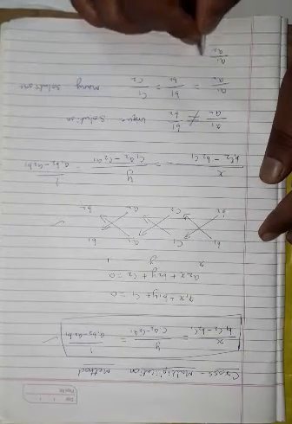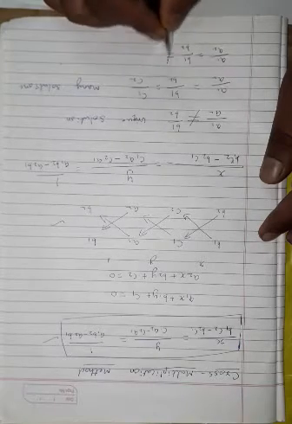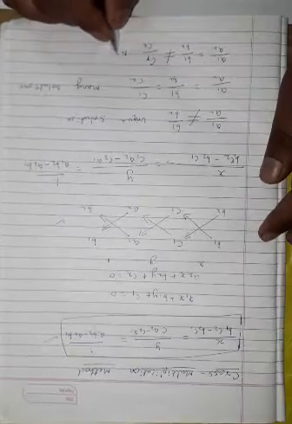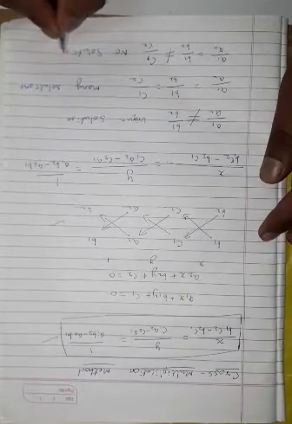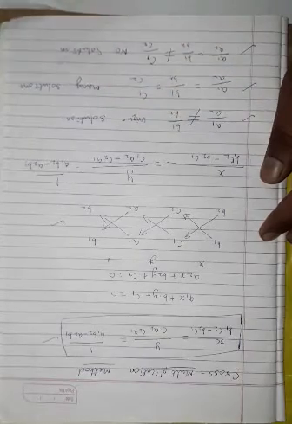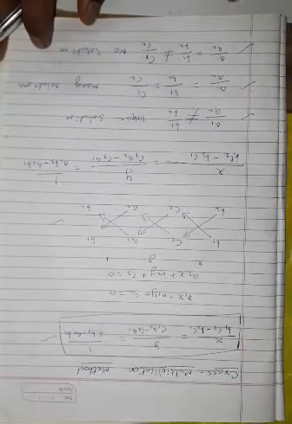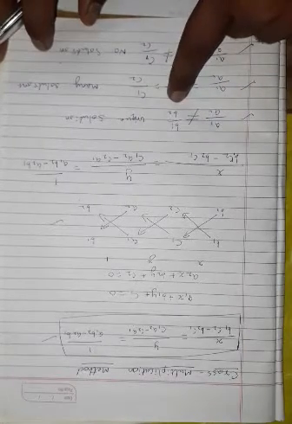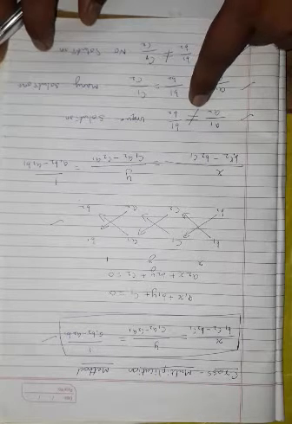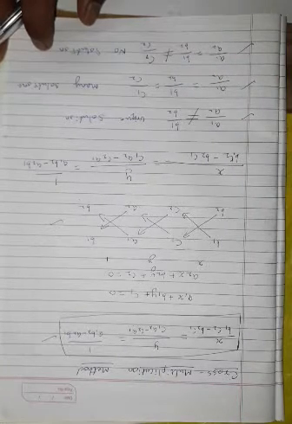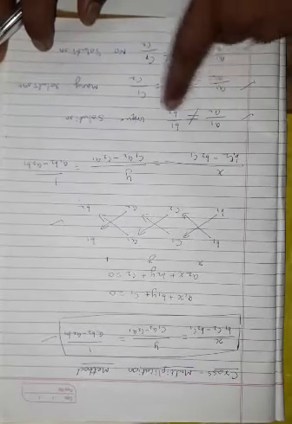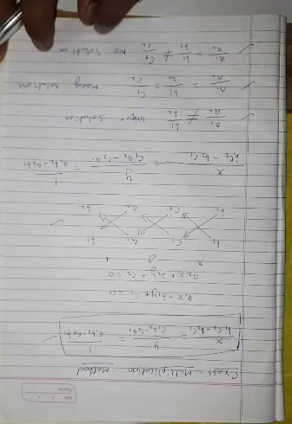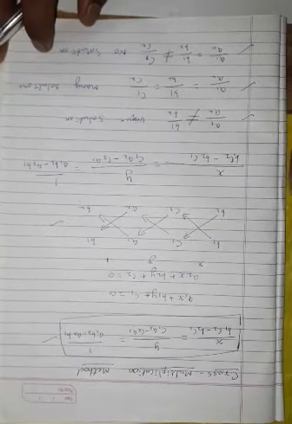If a1 by a2 equals b1 by b2, which is not equal to c1 by c2, then we do not get any solution. We have already seen this in the graphical method too: when the ratios are not equal, the lines intersect, so there is one common solution. There are many solutions when the lines coincide. When the lines are parallel, there is no common solution. That is what I mean.